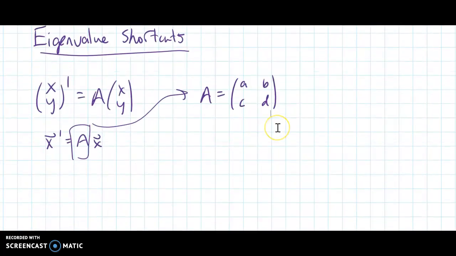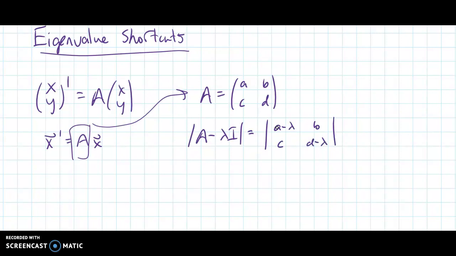So let's work that out. I'm going to do the determinant of A minus lambda I. That is equal to the determinant of [a minus lambda, b; c, d minus lambda], which gives us (a minus lambda) times (d minus lambda) minus b times c.